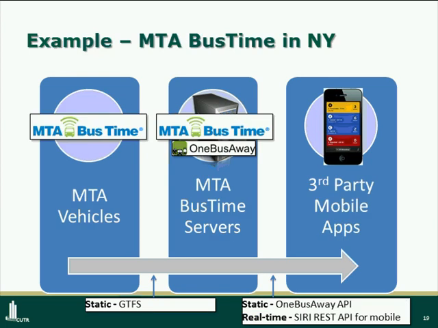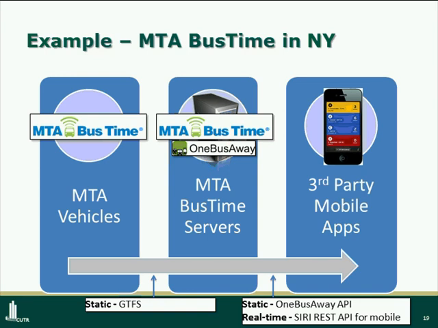MTA is also using OneBusAway, but they are running it in-house. So MTA is providing the role of the producer. They have their vehicles and tracking location information that comes from the vehicles. Then they are playing the role of the aggregator using the OneBusAway open source software system internally, so MTA is running the aggregation tier as well.